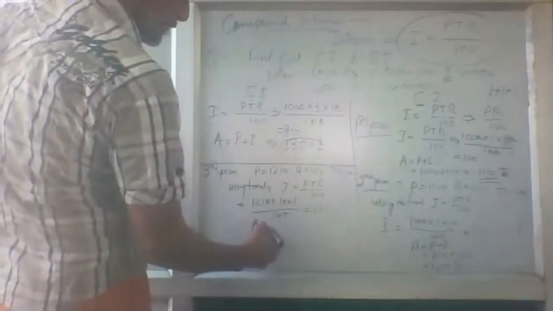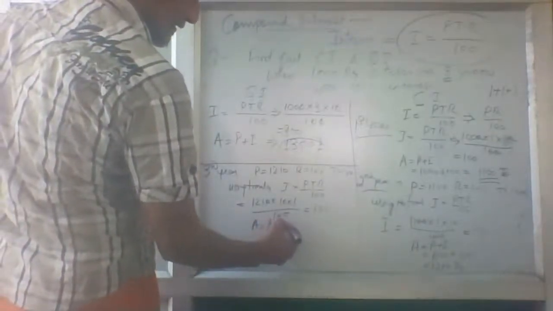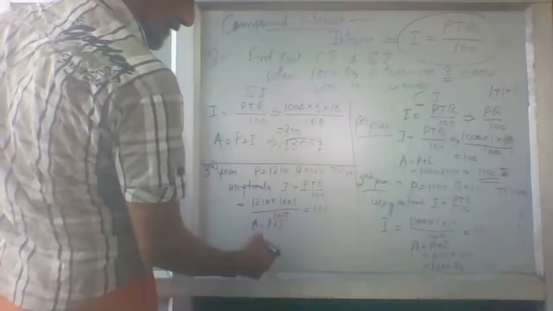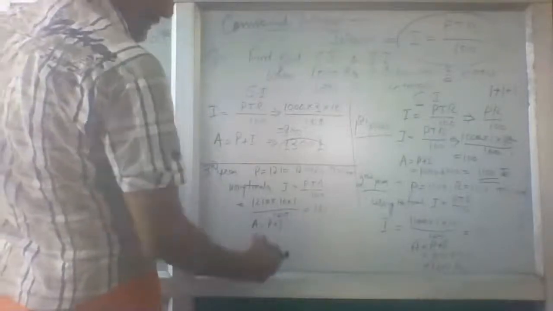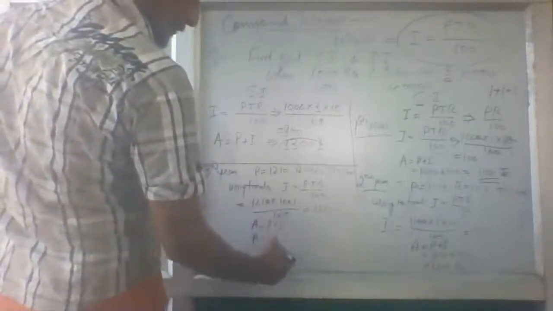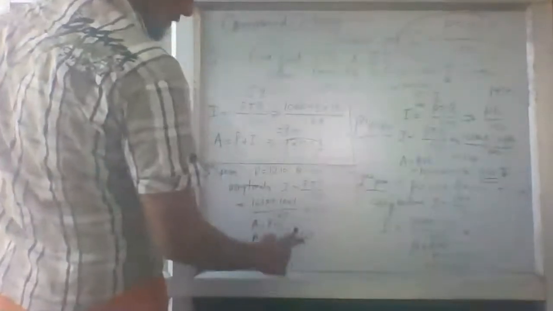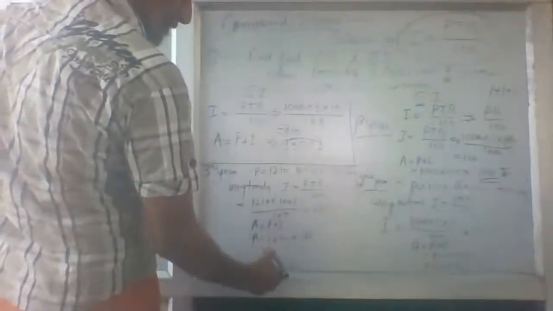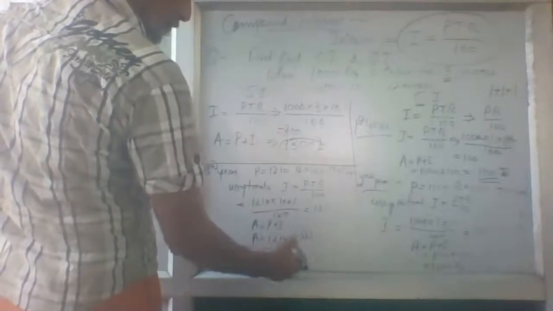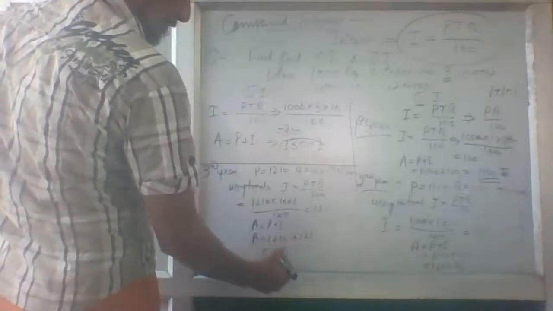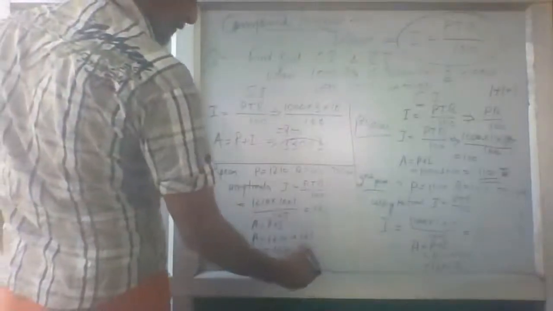Now amount is equal to principal plus interest. So the final amount will be, as we have taken it only for 3 years, and these 3 years are completed here. So the final amount would be principal was 1210 plus 121, that is 1331 rupees.